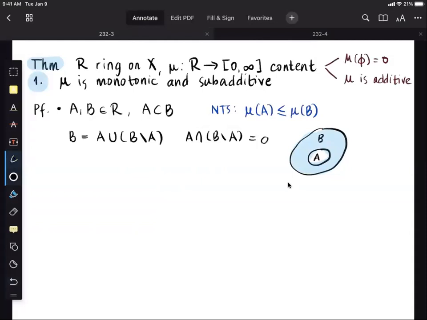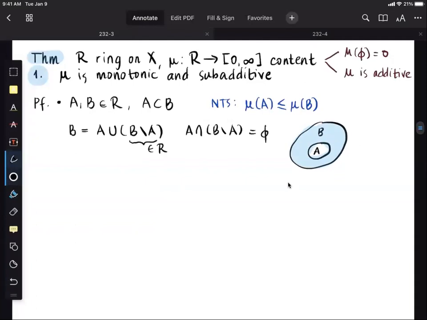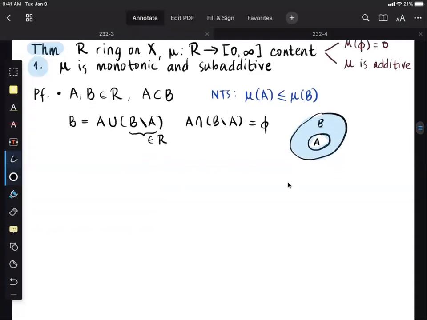So the intersection of A and B minus A is the empty set. Since we have a ring, it is closed under set difference. So B minus A is also in the ring. Hence, we could apply the additivity of mu.